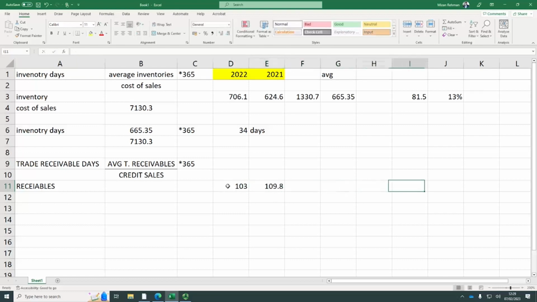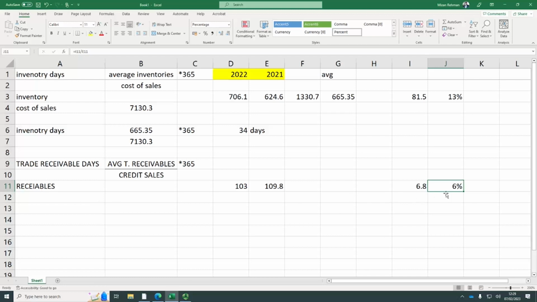Percentage difference: how much is the percentage change divided by base year? 6%. Some would say it's not significant. Some would say it's significant. It's quite a subjective thing. So they do have change.